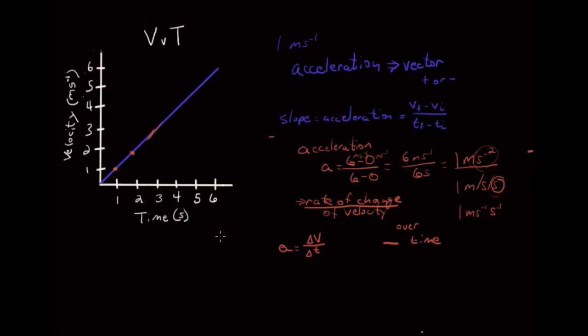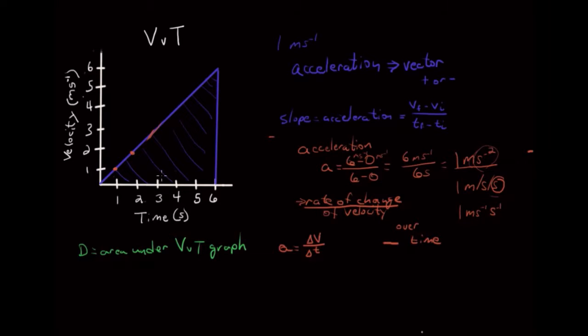Now there's one more thing that can be very telling, you can learn a lot from, is that you can take the area underneath the slope of a velocity, and you can find the distance equals area under the v versus t graph. So let's just see if this is true.